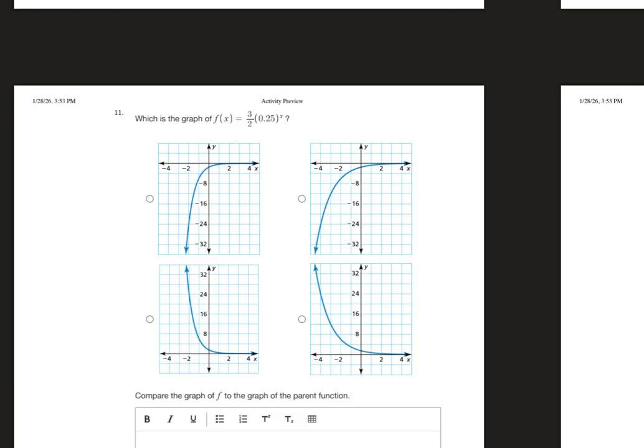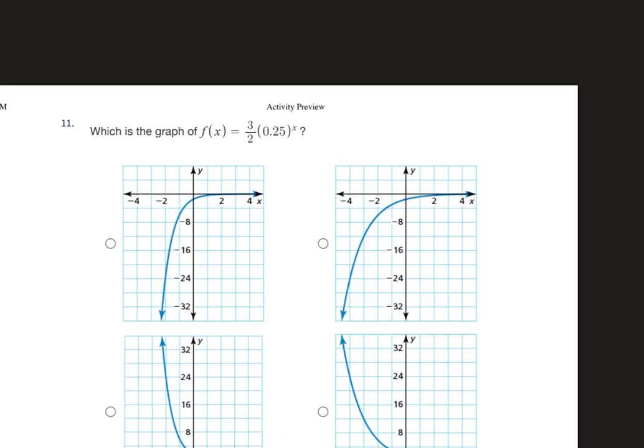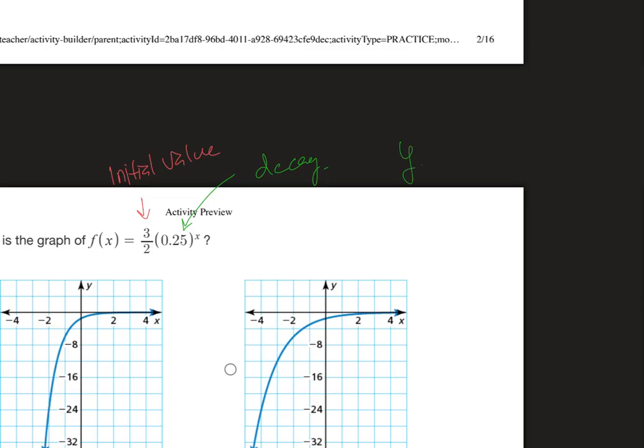Number 11? Yeah, number 11. Which is the graph of this? So, okay. Initial value, decay. And if I didn't explain decay well enough over here, the idea is that when we have y equals a times b to the x, when b is between 0, hang on, I should put a b there.